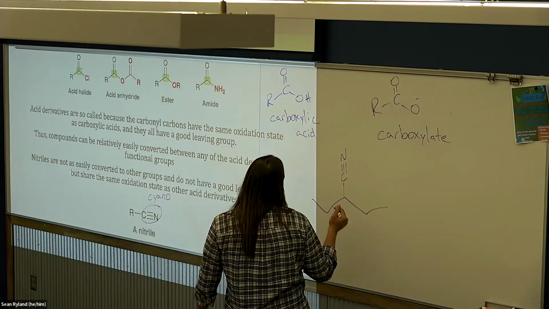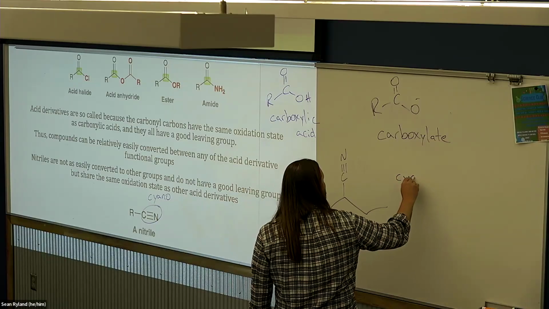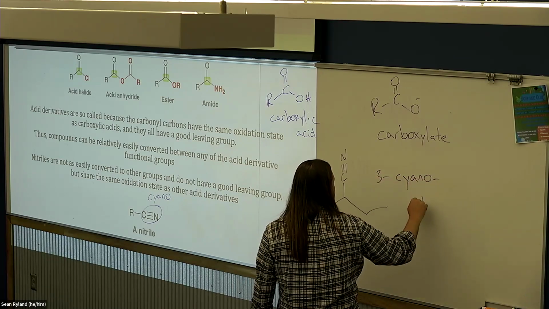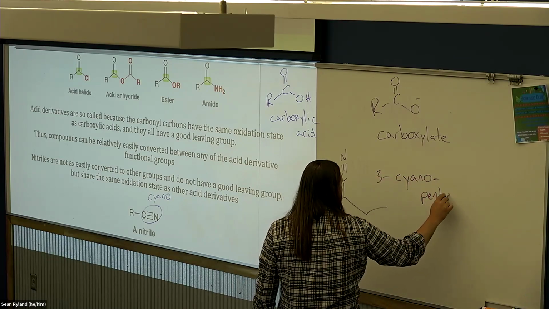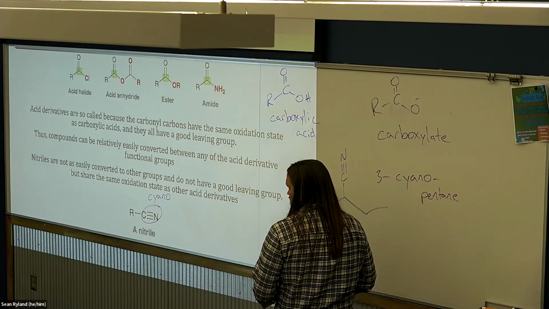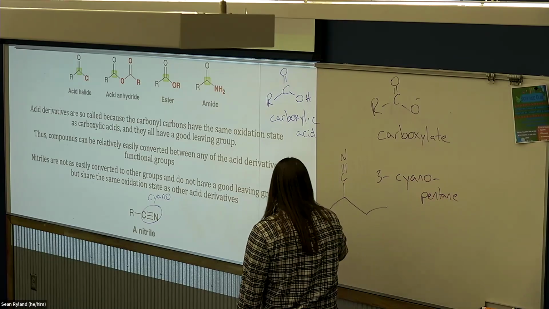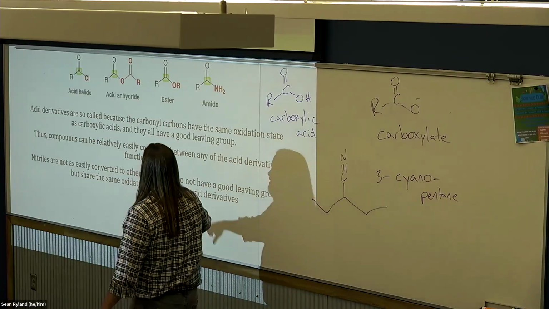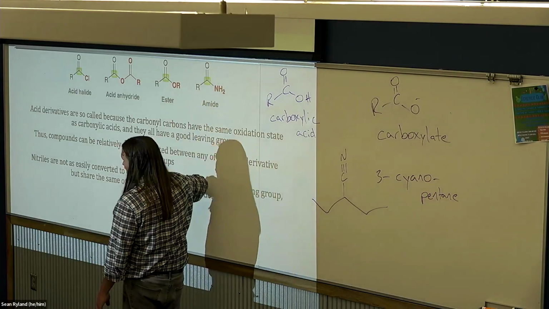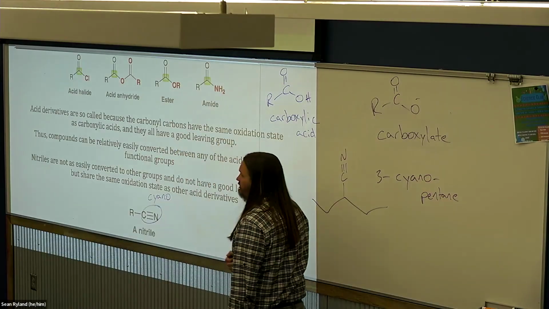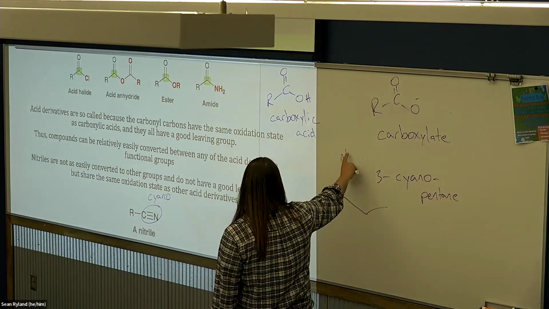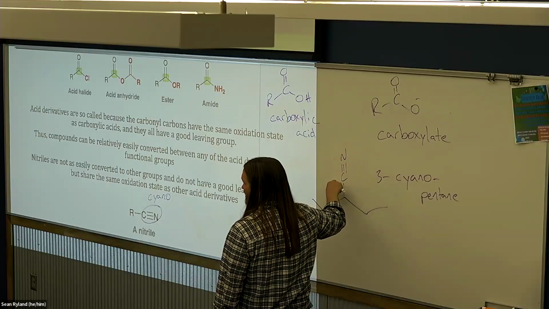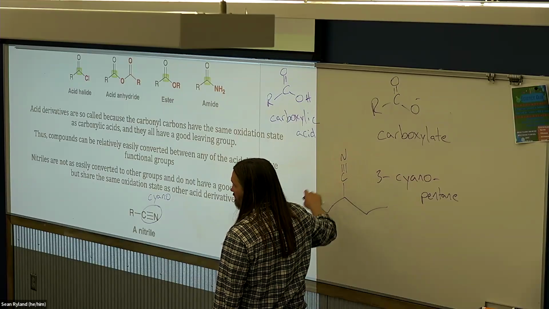You could also just call it 3-cyanopentane. So we don't have to include it if you want. Like I said, nitriles don't show up as much as the other ones, and they typically get named as a branch anyway, because this whole thing is a good leaving group and can get replaced through an SN2.